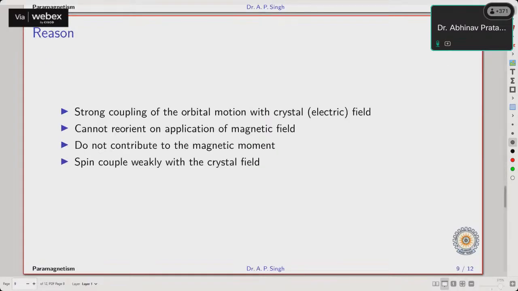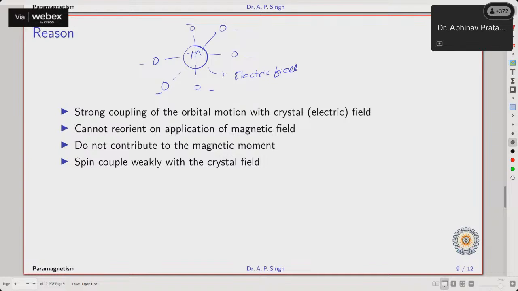Whenever you have a transition metal ion, let us say surrounded by 6 oxygens, these oxygen ions, which have some negative charge, create an electric field on the transition metal ion. And that electric field is called the crystal field.